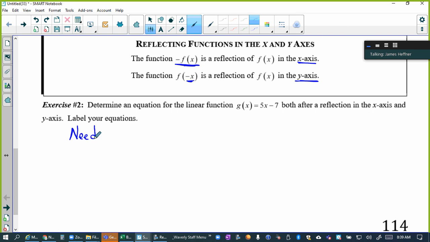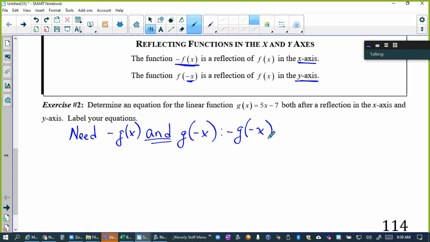We're going to need negative g of x, and what else? g of negative x, right? So effectively, we're going to need negative g of negative x. So that looks like it's going to be 2 reflections, right? One on the x-axis, one on the y-axis.